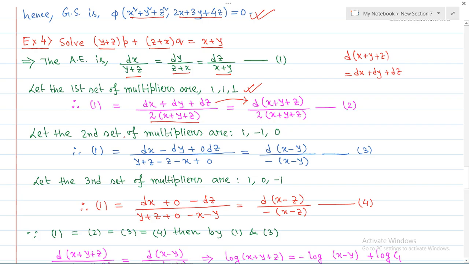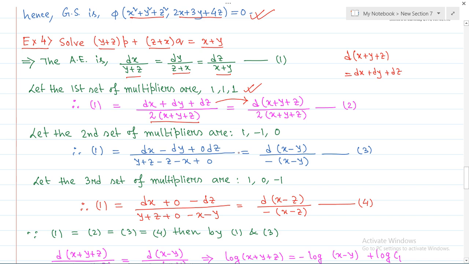Similarly, let us take the second set of multipliers as 1, minus 1, 0. First factor by 1, second factor by minus 1, third factor by 0. So it will become dx minus dy plus 0 dz divided by y plus z minus z minus x plus 0.